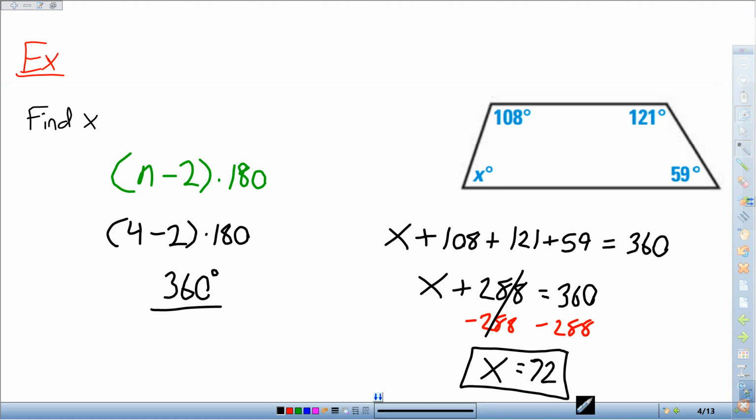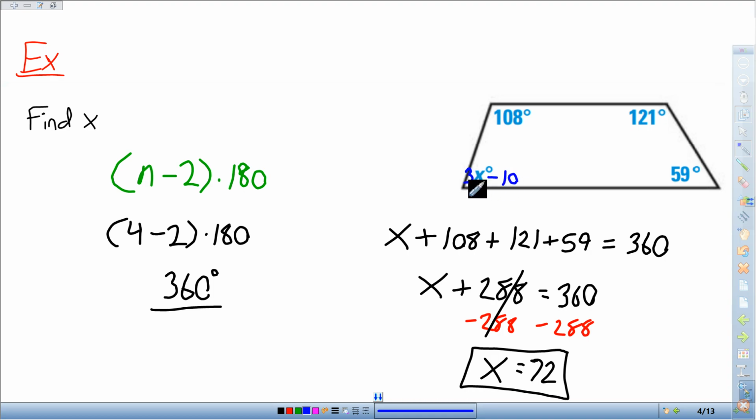One thing you might have thought to do, after we figured out this was 360, is just subtract these 3 angles, because all we're looking for is this missing angle. That would have been another way of doing this problem. Here's the thing: some of these problems are not always going to give you x as the name of the angle. Some of them might be 3x, some might be 3x minus 10.